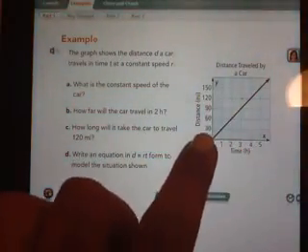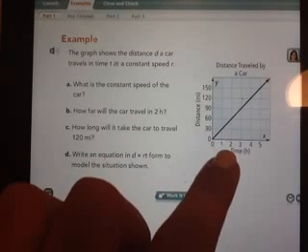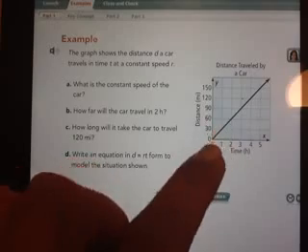To set this up in an equation, it would be distance over time, and the distance we traveled is 30 at our time of 1 hour. So we traveled 30 miles in 1 hour. When I put that in my equation, it's just 30 over 1. This is simple, and it simplifies to a speed of 30 miles per hour. Remember, as unit rate, we always want to say y per x.